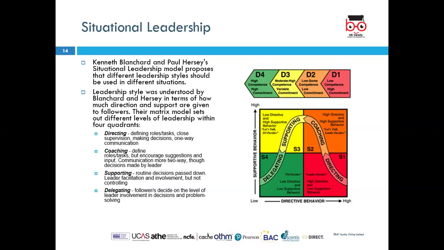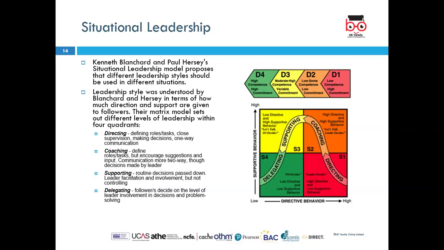The second, this orange box, shows coaching. According to the situation, you change the leadership. Sometimes you'll have to coach. There will be direction, but there will be a lot of support also. The leader talks, the leader decides, obviously, but the others have a say also. The leader is coaching you towards the ultimate goal.